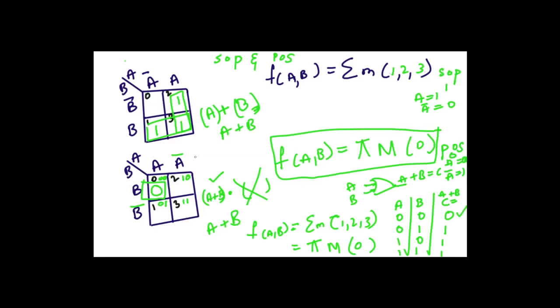Just replace 0 with 1 and 1 with 0. If it is in terms of expressions, replace a with a bar and a bar with a. And if it is SOP form, as we already saw, we consider all these three. So this is equal to this. Whatever terms are there here won't be there in your product of sums terms. That means max terms.